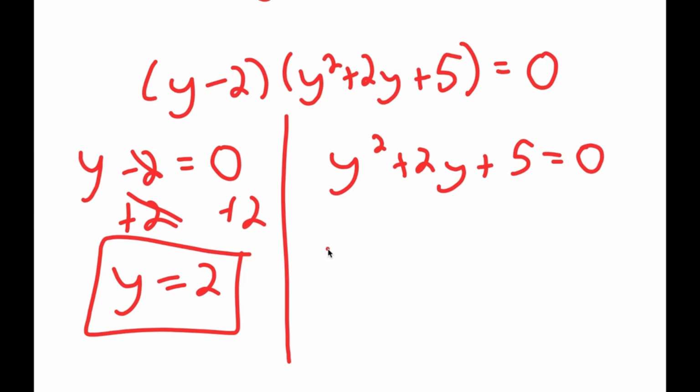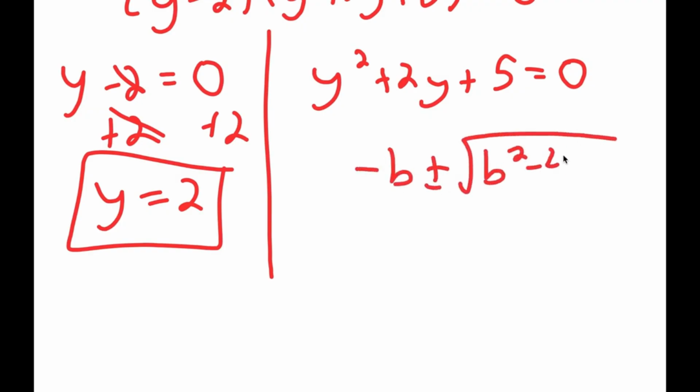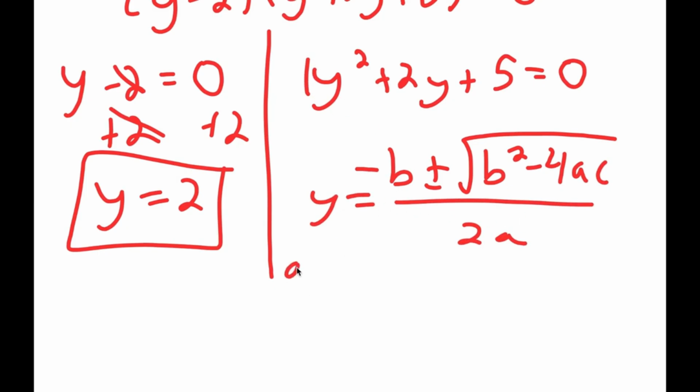Now for y squared plus 2y plus 5 is equal to 0, I'm going to use the quadratic formula, which is negative b plus or minus the square root of b squared minus 4ac all over 2a. So in this case, a is 1, b is 2, and c is 5.